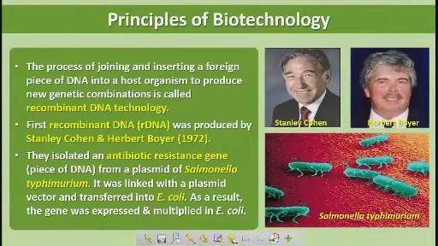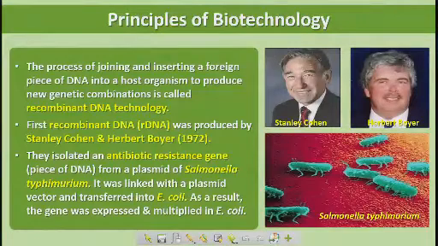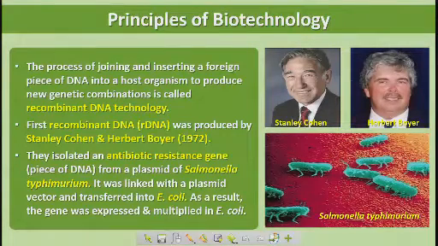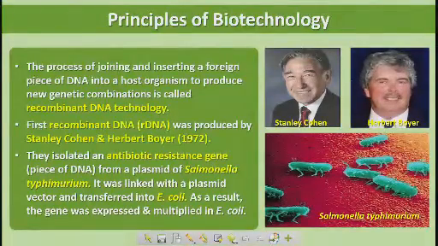They isolated an antibiotic resistance gene, a piece of DNA from the plasmid of Salmonella typhimurium. It was linked with a plasmid vector and transferred into E. coli. As a result, the gene was expressed and multiplied in Escherichia coli.